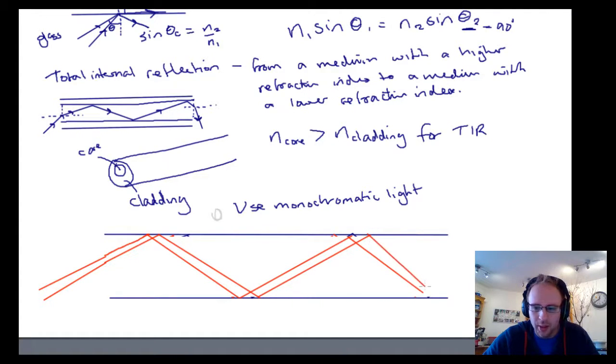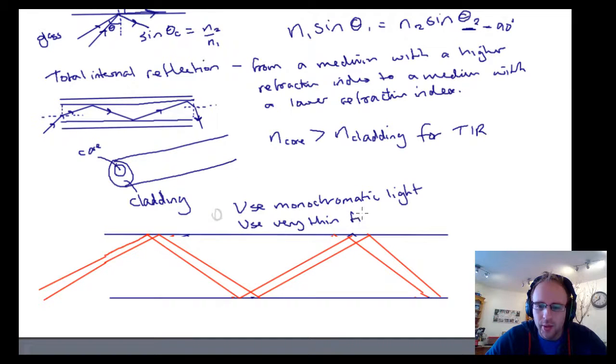Again, we get spreading out of our data pulses, which is bad. So in order to get around modal dispersion, or what I call multipath dispersion, we use very thin fibers, so there's limited choice for the waves to take different paths.